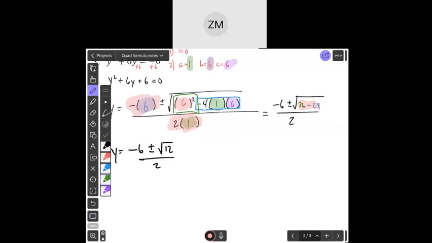So then I should divide everything by 2 and get -6 plus or minus the square root of 6. Oops, I didn't take that 2 out, did I? -3 plus or minus the square root of... That's odd. Sorry about that.